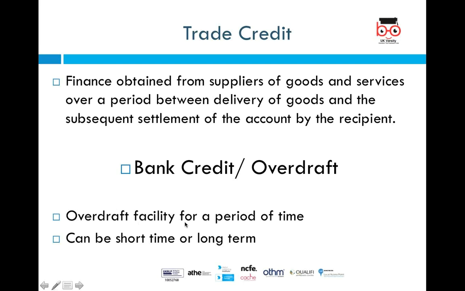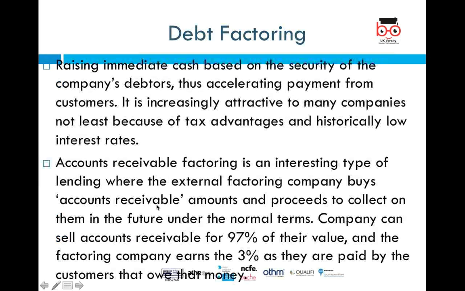There is another facility, bank credit and overdraft, which can be for a short time or a long time. For bank accounts, they can create an overdraft facility, so they can get money if they lack the deposit. They take the extra money from their bank and repay within a particular period of time, and then they can revolve this facility again and again.